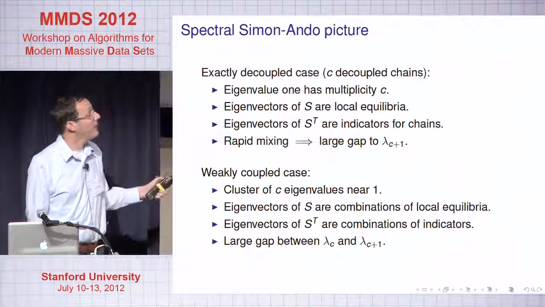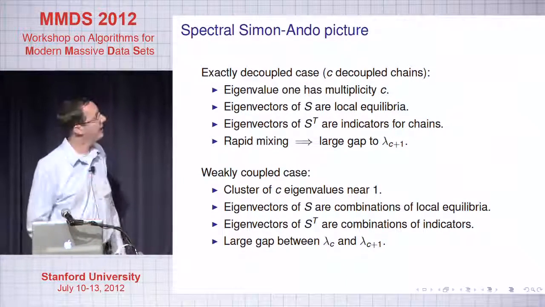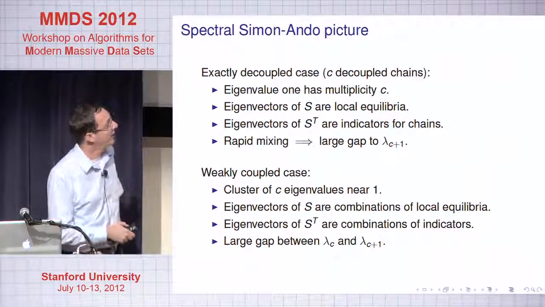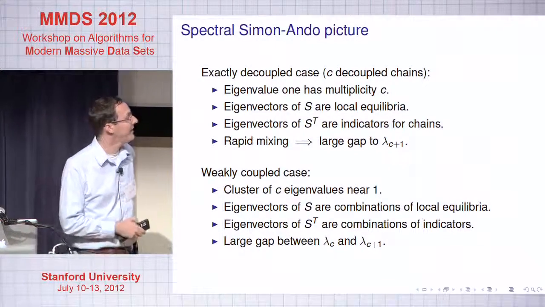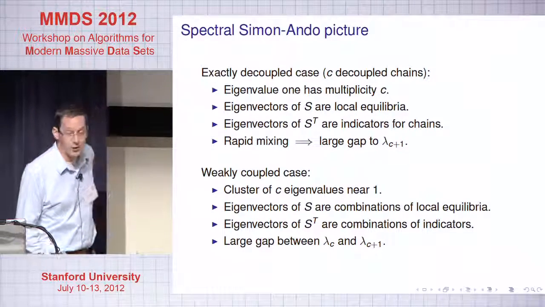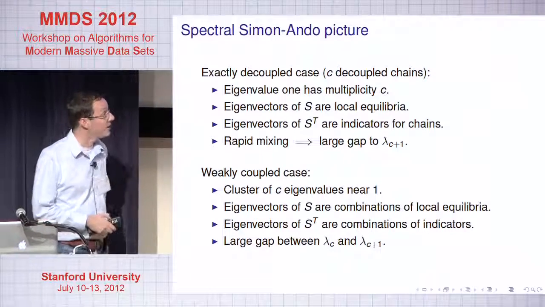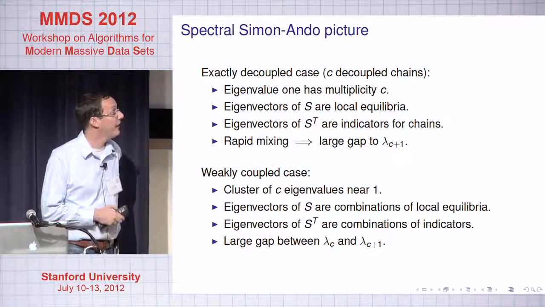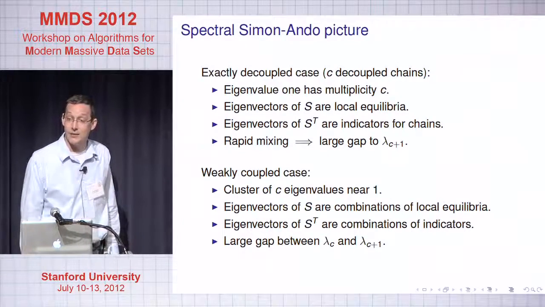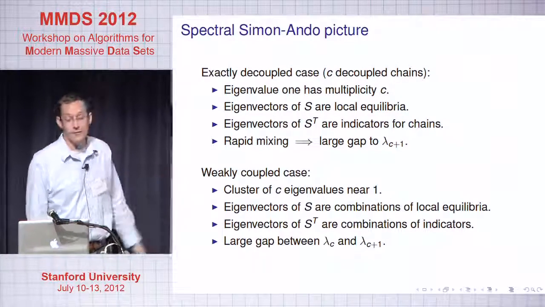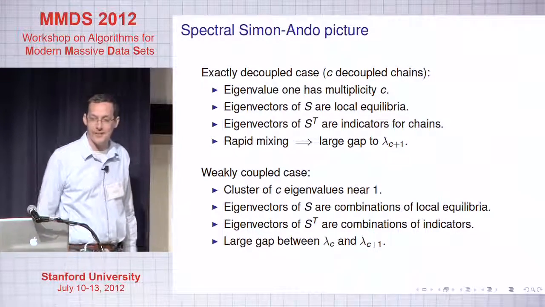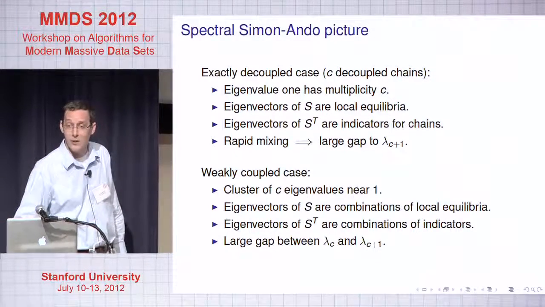If I weakly couple things, I've got almost the same sort of information. So I've got a cluster of eigenvalues close to 1. I've still got a large gap between the cth and the c plus first eigenvalue. But now my eigenvectors of S are local combinations of these local equilibrium vectors. And my eigenvectors of S transpose are linear combinations of the indicators. So if I look at the first few eigenvectors of S transpose, they're going to be roughly constant on each of my sets. But I don't necessarily know what the constants are.